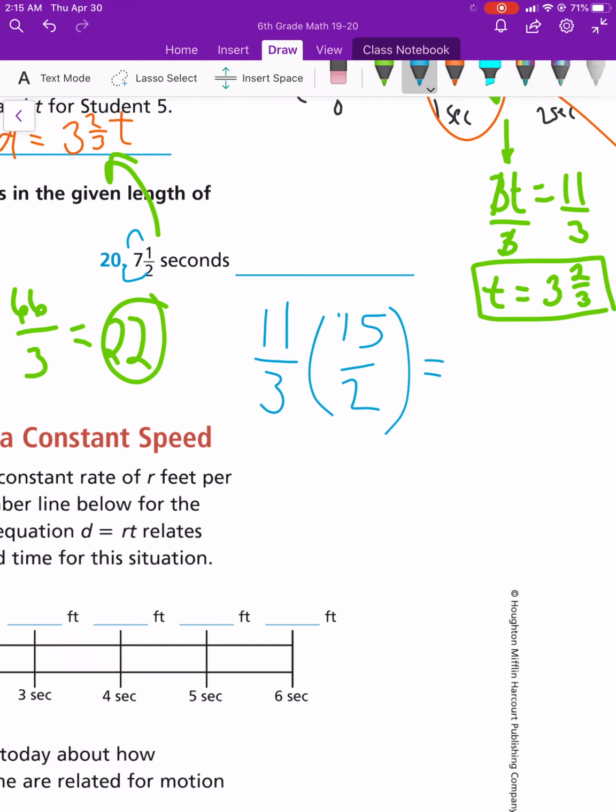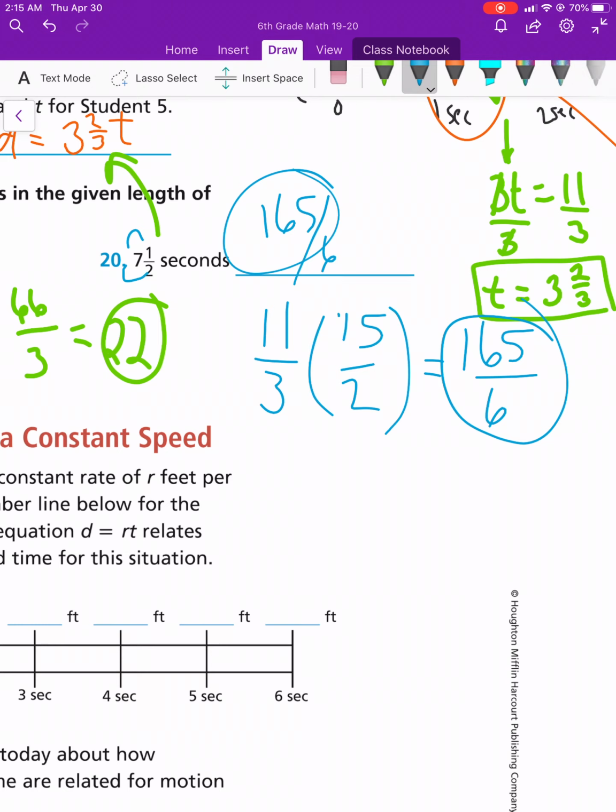Multiply straight across. 11 times 15 is 165. Times 2 times 3 is 6. I'm just going to write 165 over 6. That's perfectly acceptable to me.